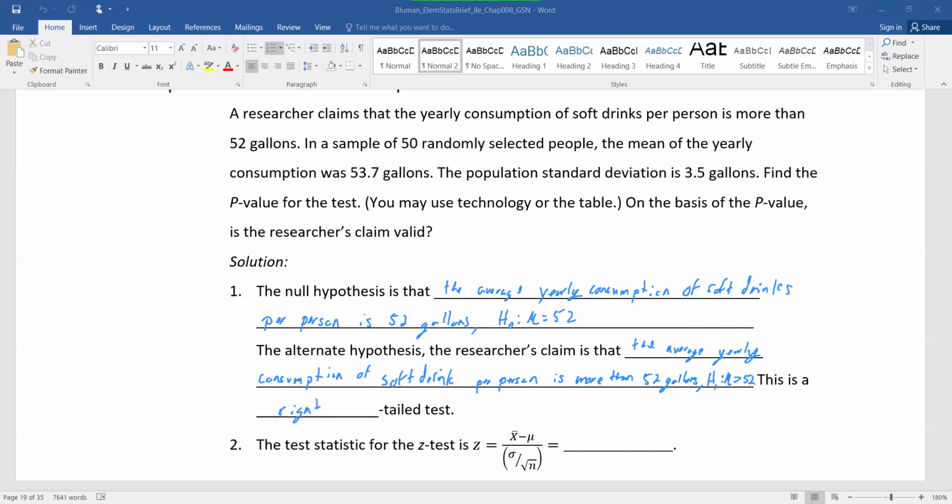All right, so the test statistic for the z-test is as follows. The sample mean given to us was 53.7. The population mean was 52. We're going to divide that by the standard deviation of 3.5, divided by the square root of the sample size, which was 50. So let's figure out what that is.